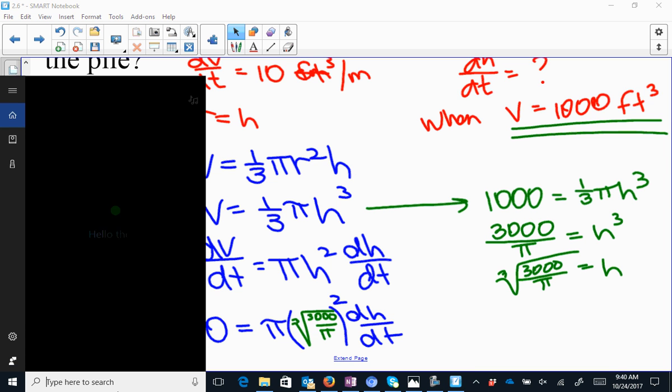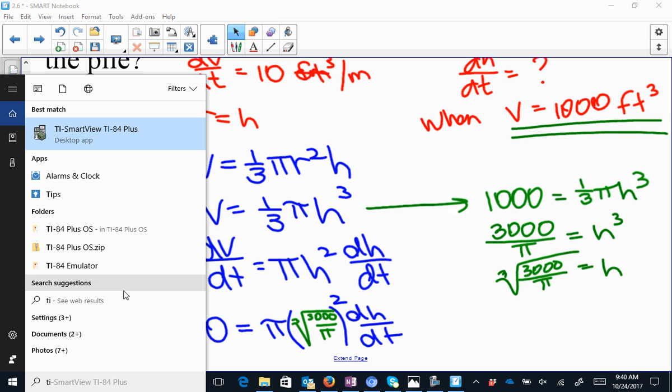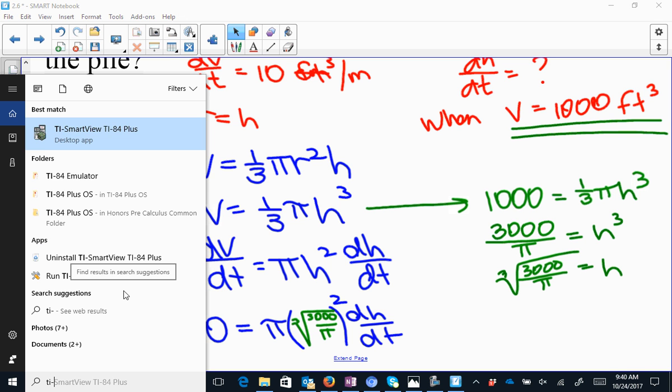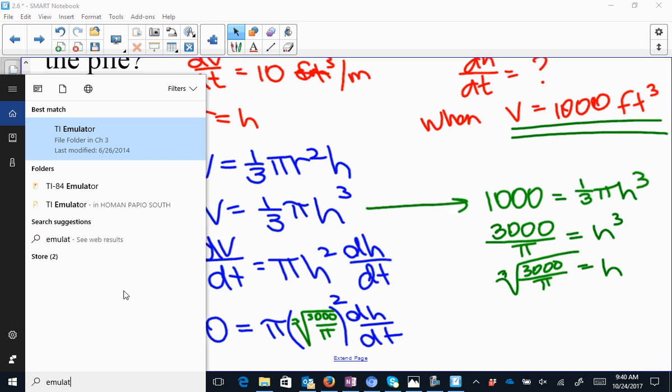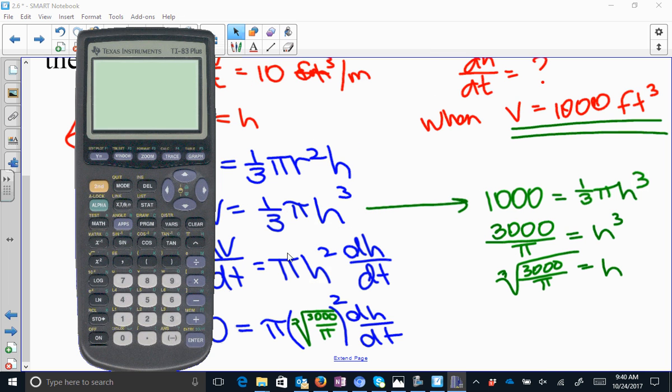Okay, so we have the cube root of 3,000 divided by pi, and it's that weird 9.8 number.